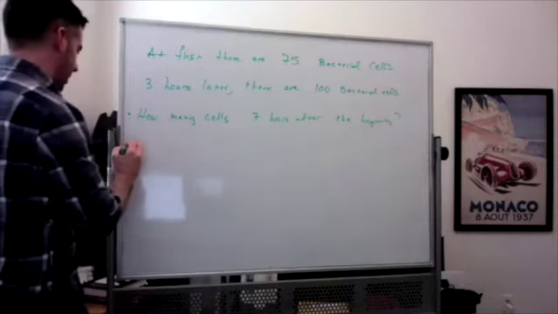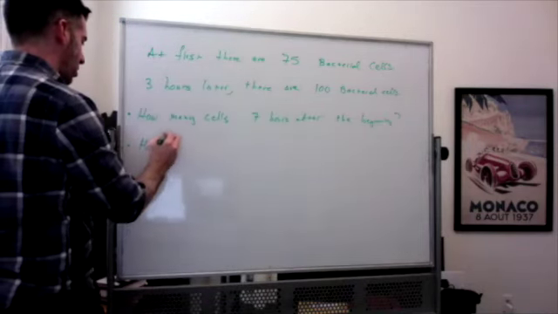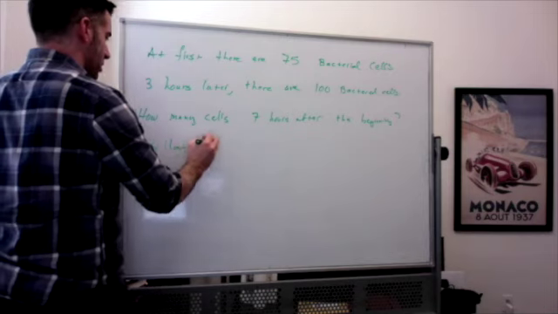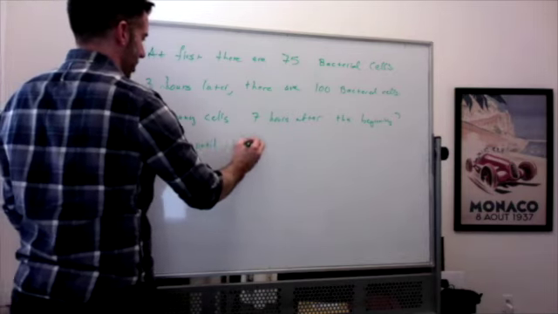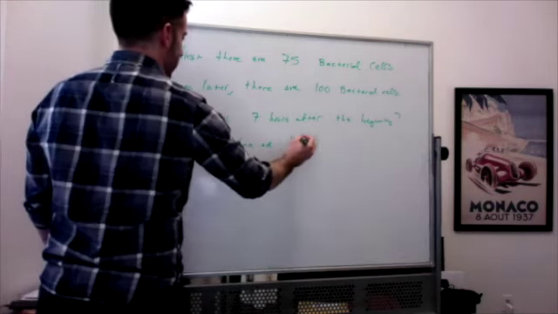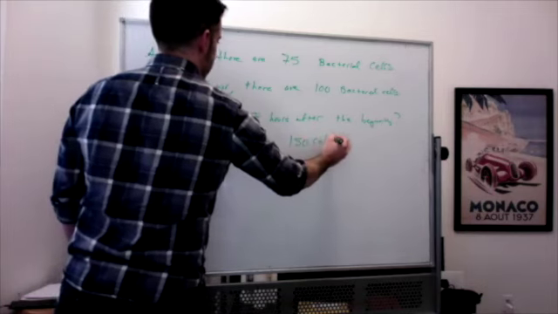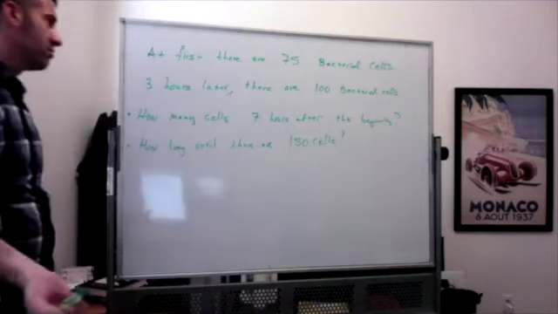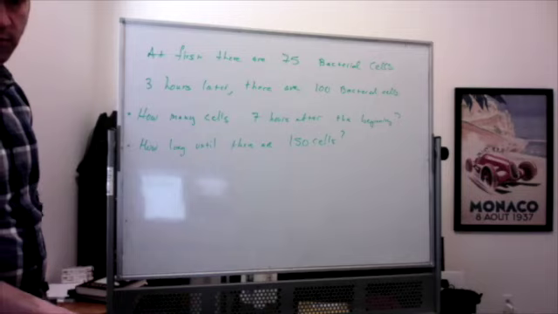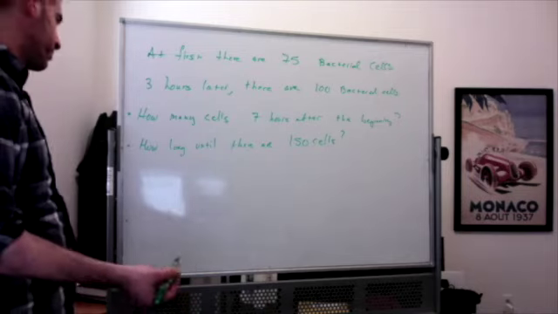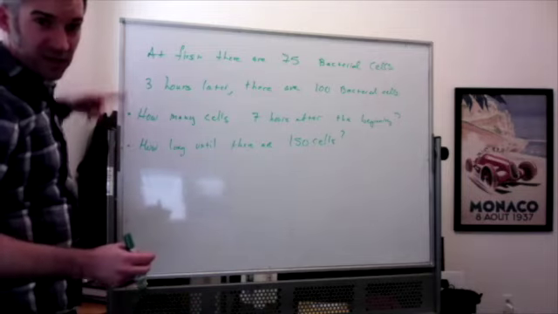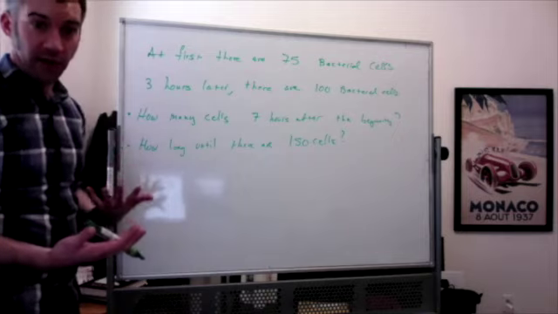And we also want to ask how long until there are 150 cells. Yeah, that seems reasonable. Okay, so before we can answer either of these questions, we have to find the model.